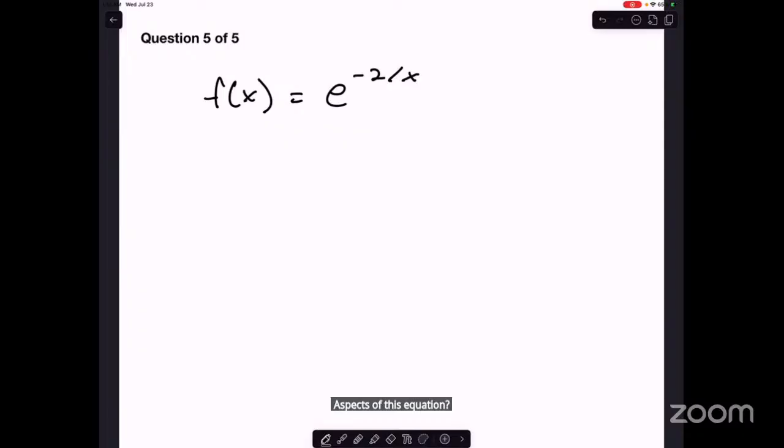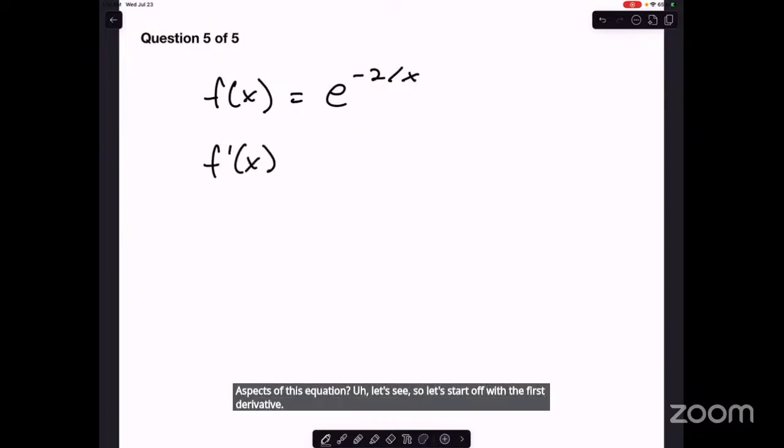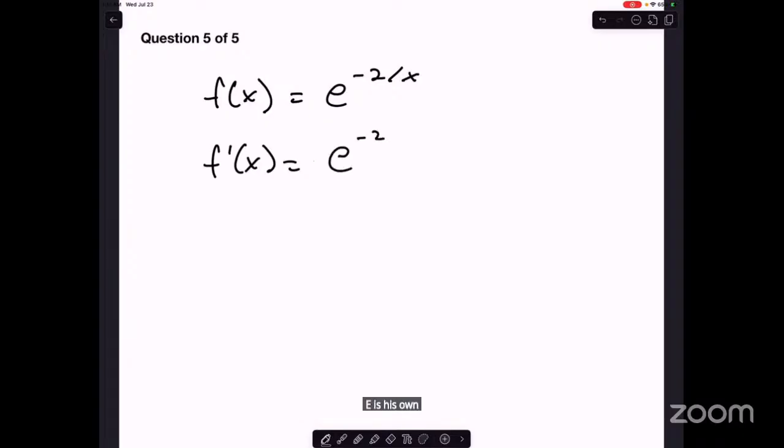Let's start off with the first derivative. E is its own derivative, but then we say times the derivative of that power. So that's -2 times x to the -1.